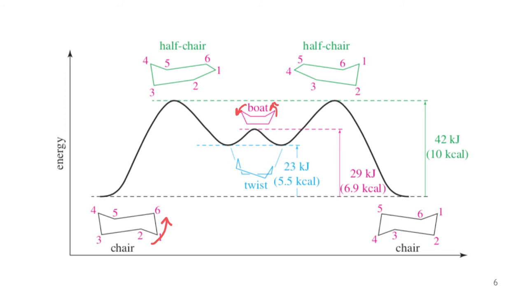So it is a bit more complex than it appears, but the overall activation energy, you notice here, is only about 10 kilocalories per mole. And with there being more than 20 kilocalories per mole of energy available at room temperature, this is easily overcome. And so the molecule can flip back and forth and back and forth.